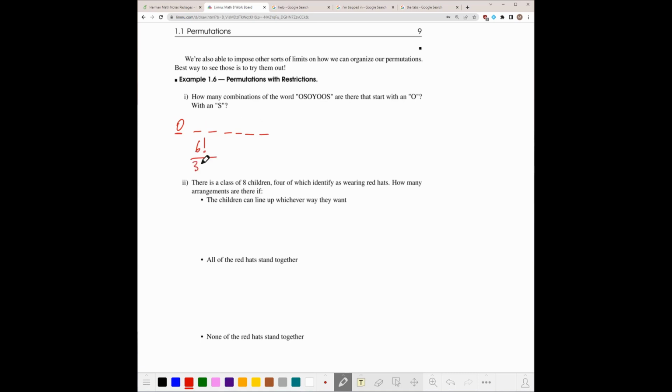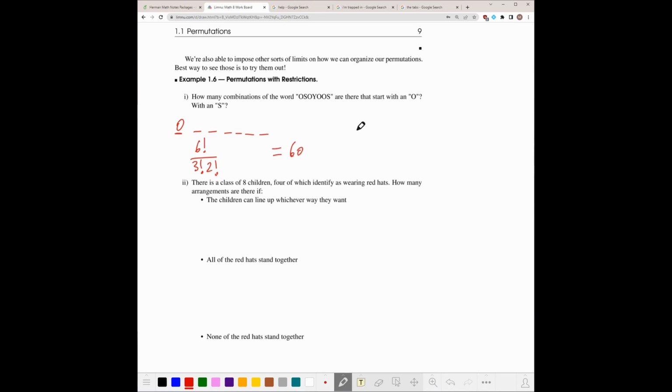I've taken one of the O's, so there's 3 left now, and 2 S's still. So I'm going to have 6 factorial, which is 720, divided by 12, 6 times 2. And that says we have 60 different ways we could rearrange it if an O must be starting the word.